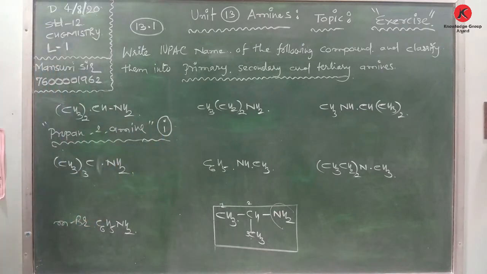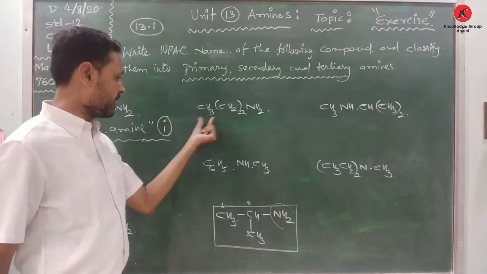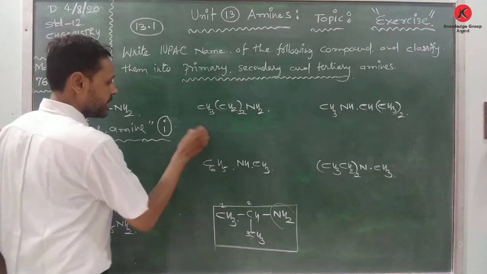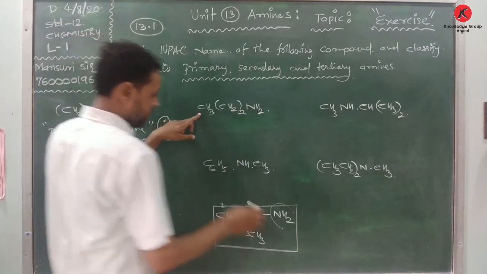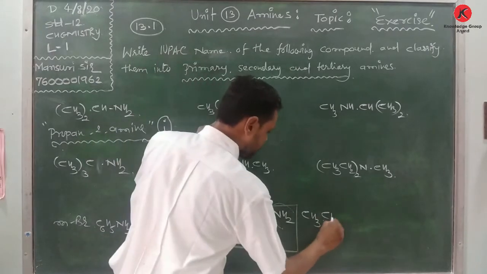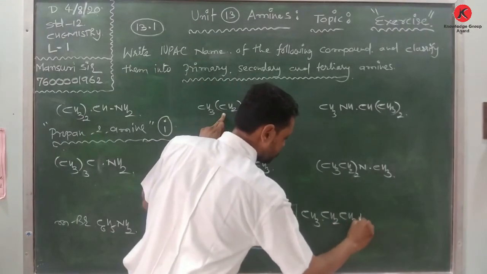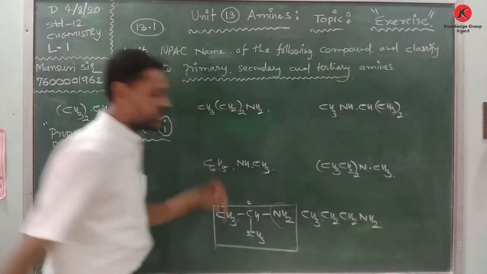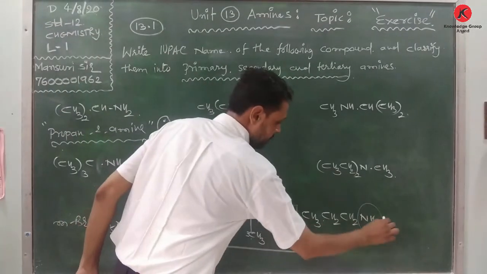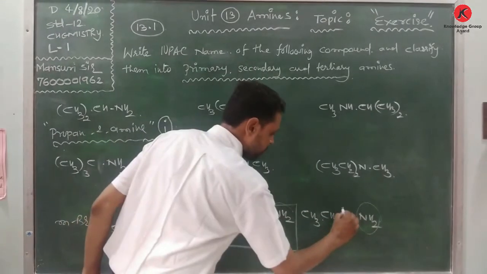Okay, thereafter we go to CH3 (CH2)2 NH2. You can write down the structure like this: CH3, CH2 twice means CH2, CH2, and NH2 is as it is. So we can say that here the amino group is attached to the first carbon.